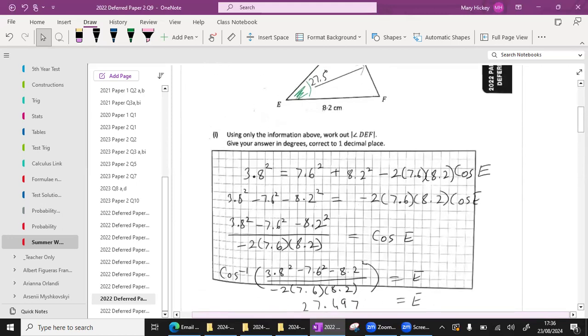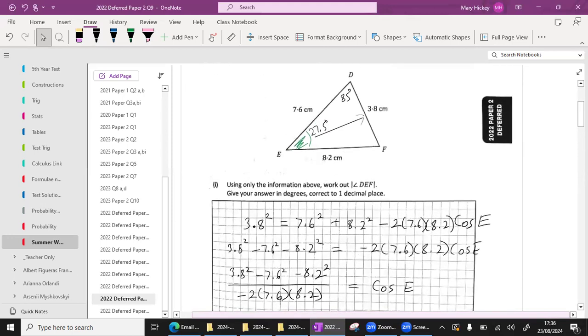Now, if I'm looking for the area of a triangle, when it comes to trigonometry, I'm looking at my formula in my log tables. So my trigonometry formula, half AB sine C, is what I should be looking for in my tables. Remember, the important thing is the angle has to be between the sides.